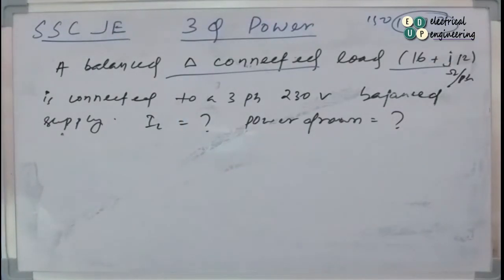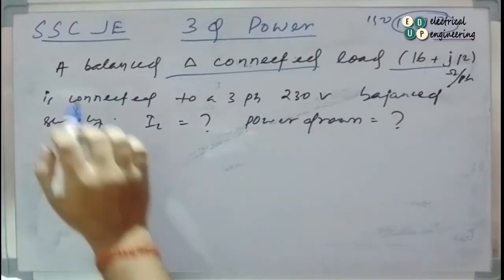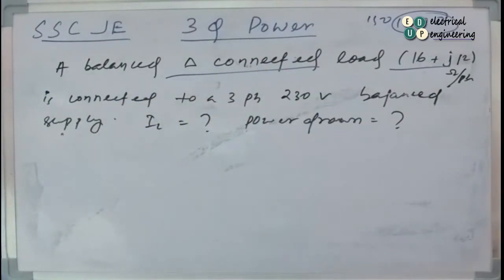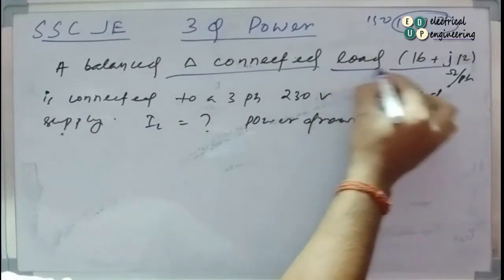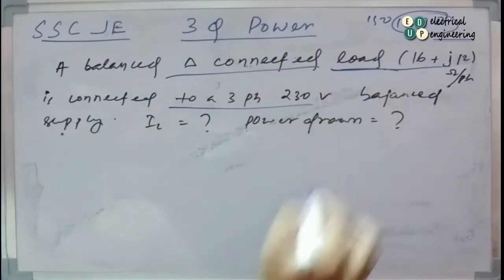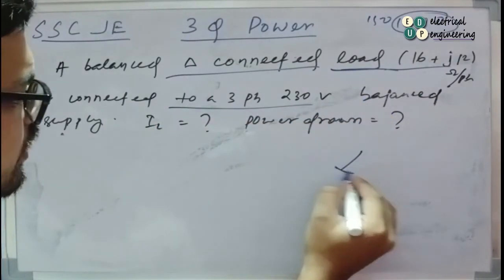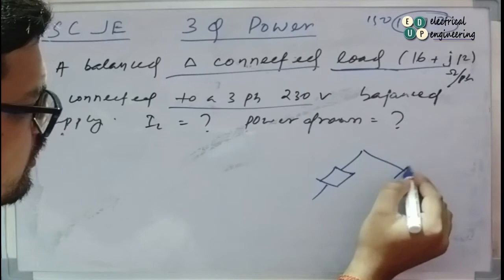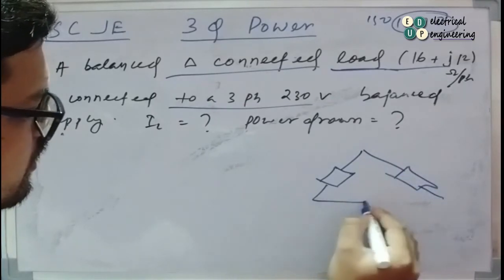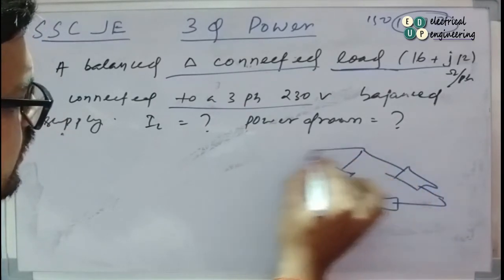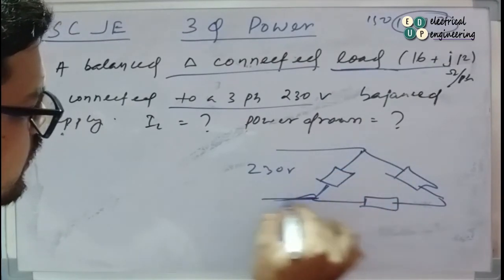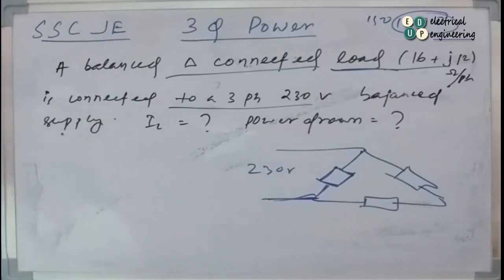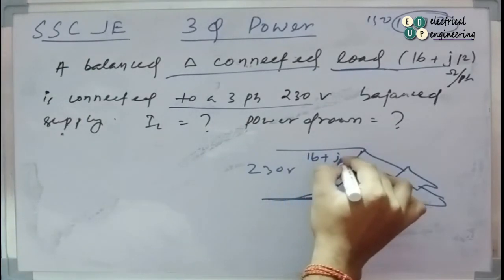So just try to understand the language of this question: a balanced delta connected load of 16 plus j12 is connected to a 3-phase 230 volt supply. If we draw a delta connection, then I am going to give 230 volt to a single impedance, that is 16 plus j12.